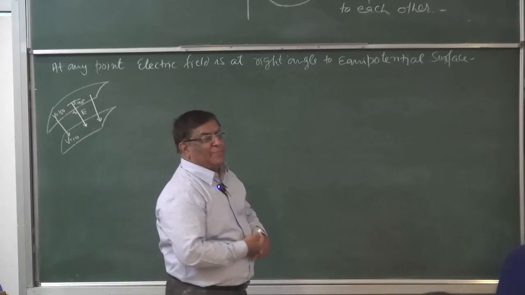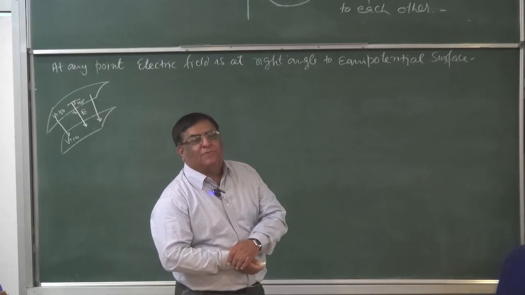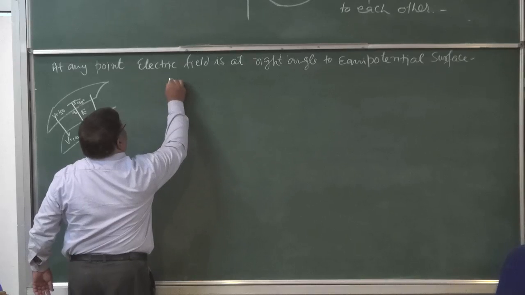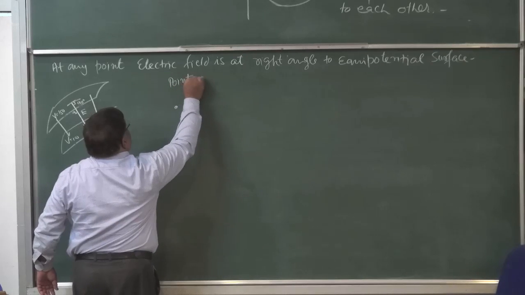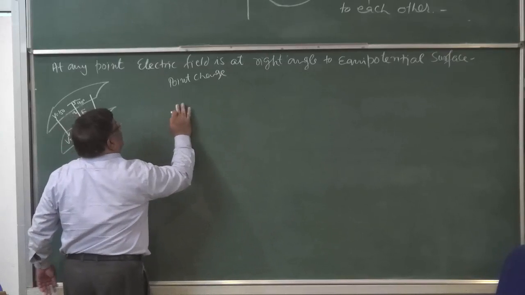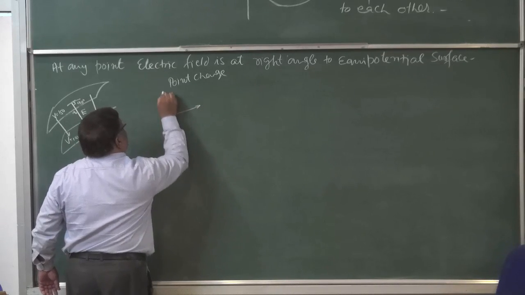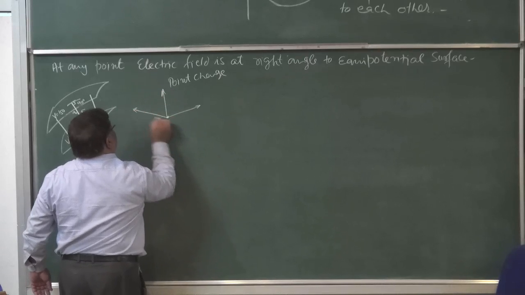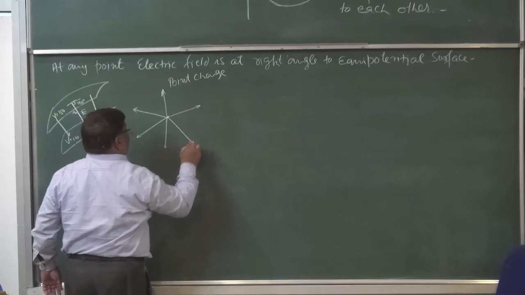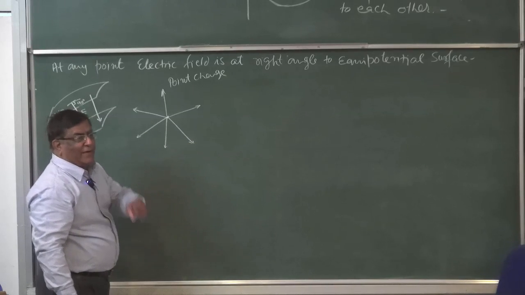Now on the basis of this, we will draw certain equipotentials for different charges. Like this is a point charge, and this is the direction of electric field. Where should be the equipotential?